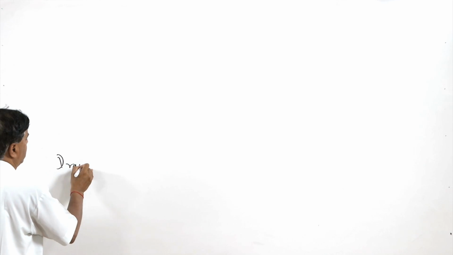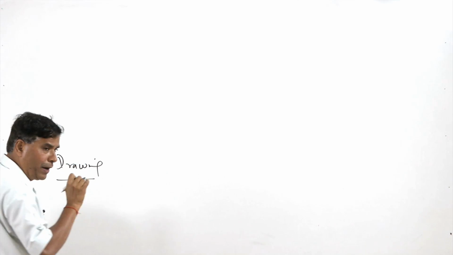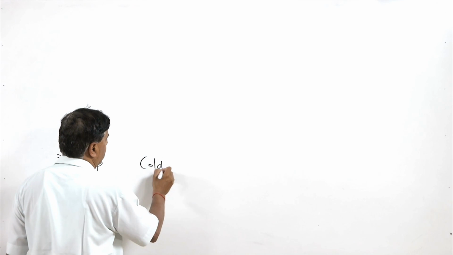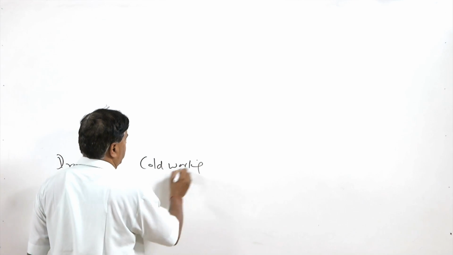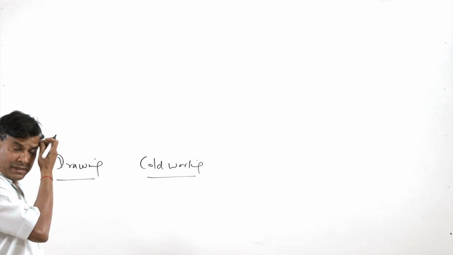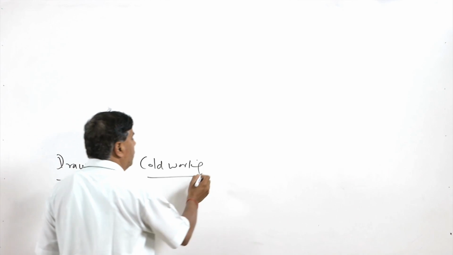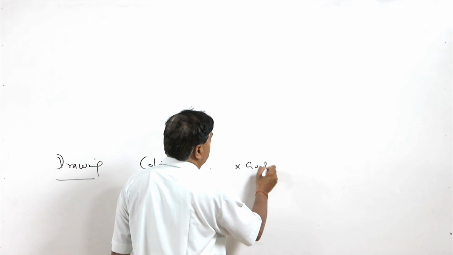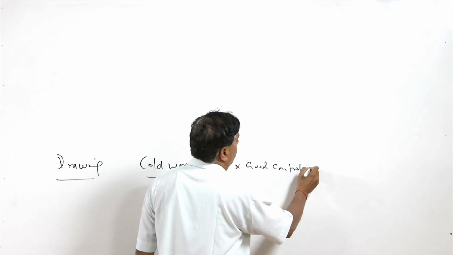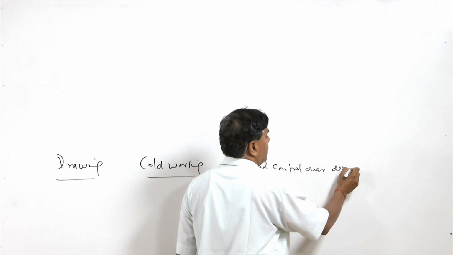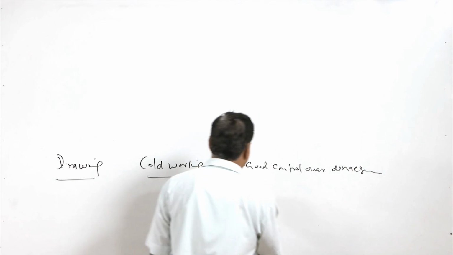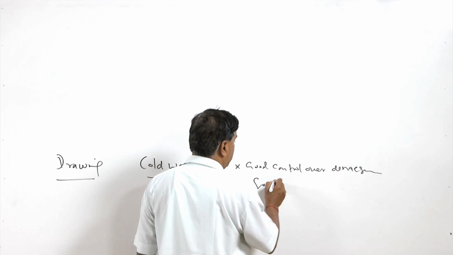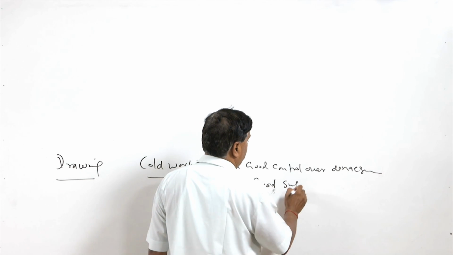Mostly this drawing, either wire or bar drawing, is a cold working process, and hot working is rarely used. So whenever cold working is used, it results in good control over the dimensions. This is one thing. The second, it results in a good surface finish.